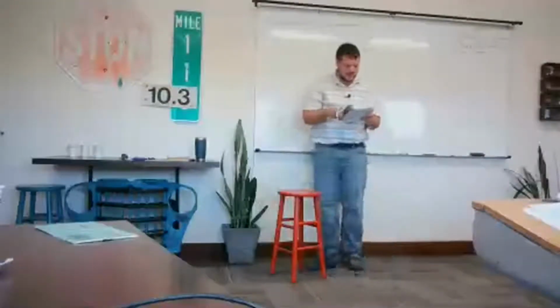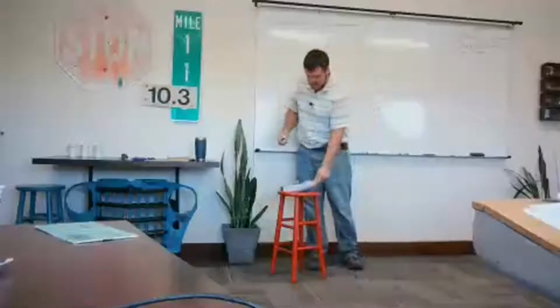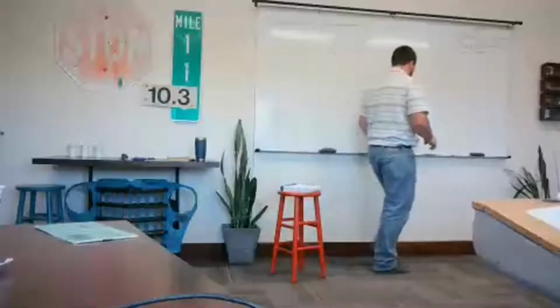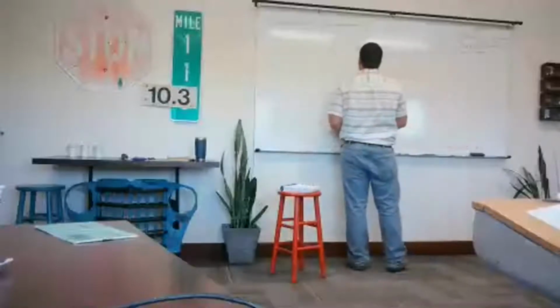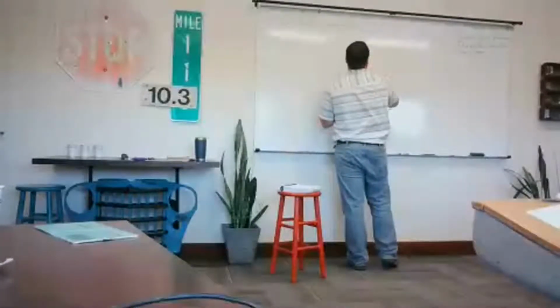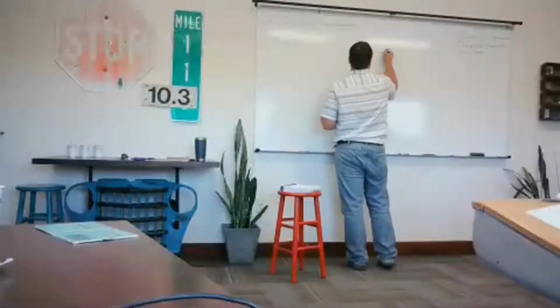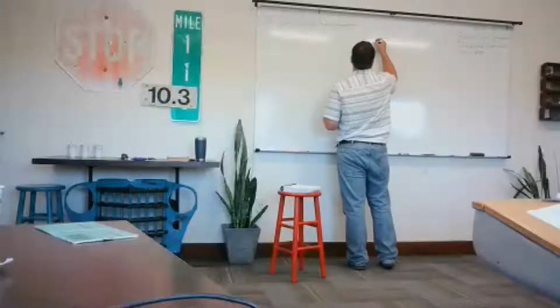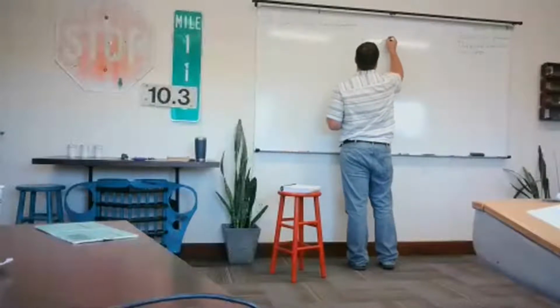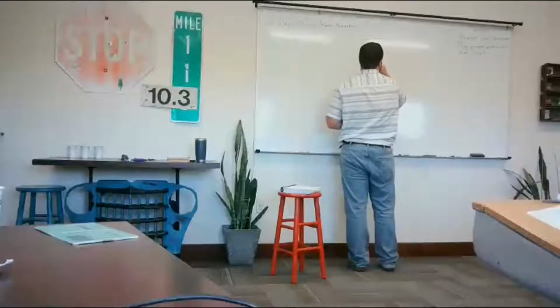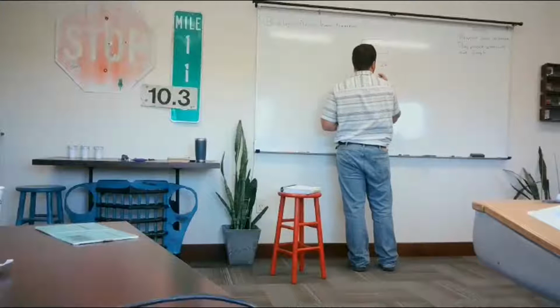What is the perimeter formula for a rectangle? Is it P equals 2L plus 2W? All right, so say we have a perimeter here of 26. You think that can work? Yes.